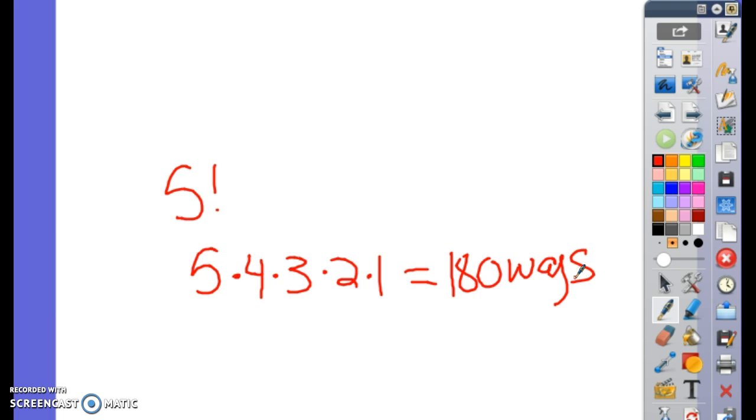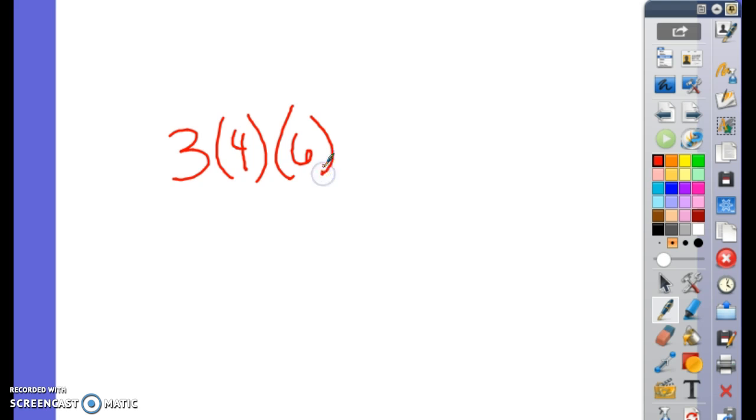But writing it out, since you have 3 sweaters, it would be 3 sweaters times 4 blouses times 6 skirts. And if you multiply that, it is 72. But you could write it any other way.